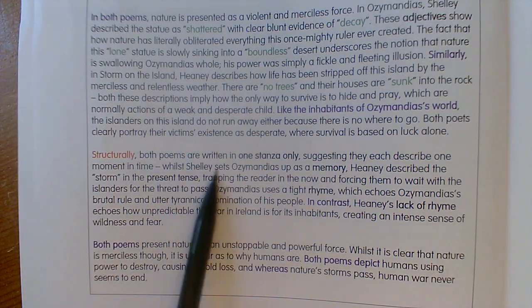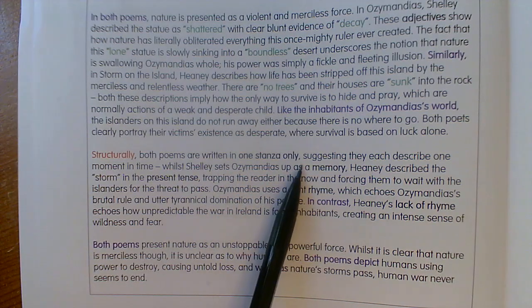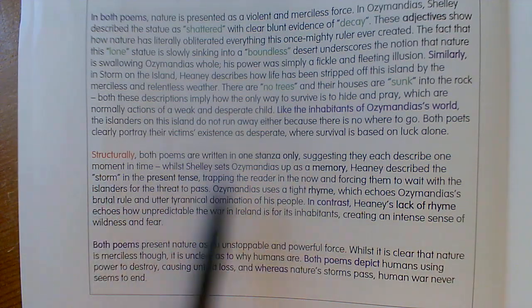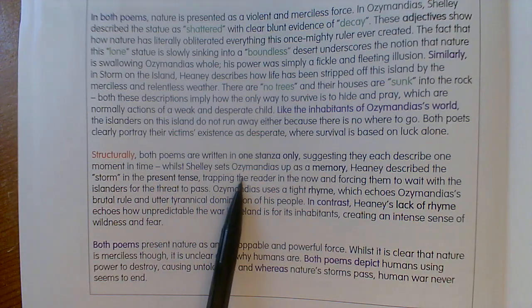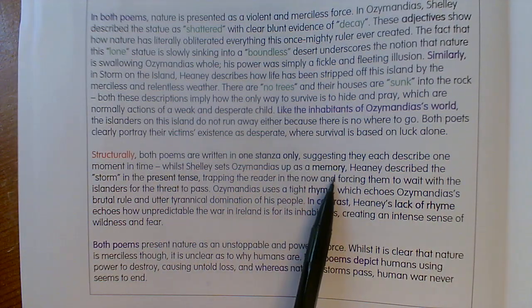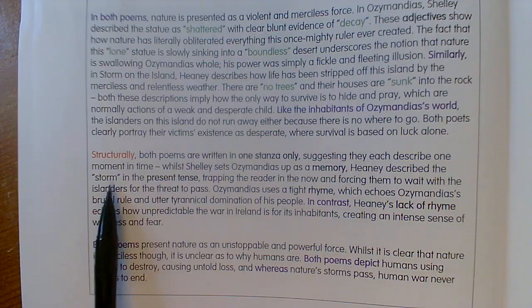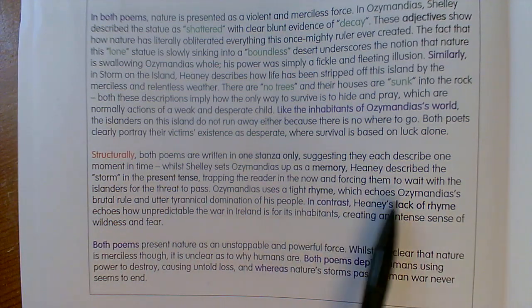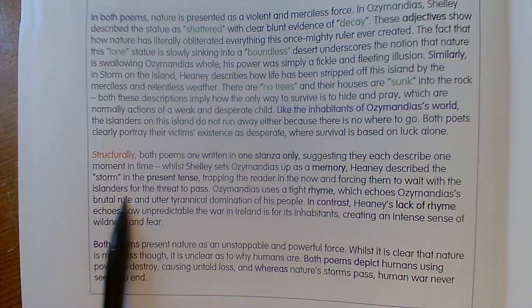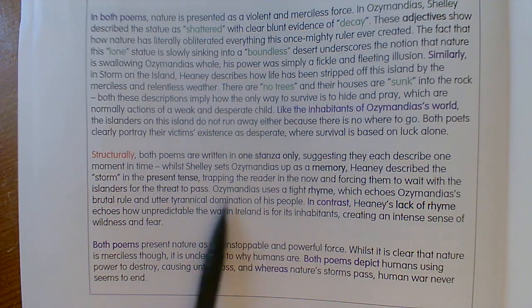Structurally, both poems are written in one stanza only, suggesting they each describe one moment in time. Whilst Shelley sets Ozymandias up as a memory, Heaney describes the storm in the present tense, trapping the reader in the now and forcing them to wait with the islanders for the threat to pass.